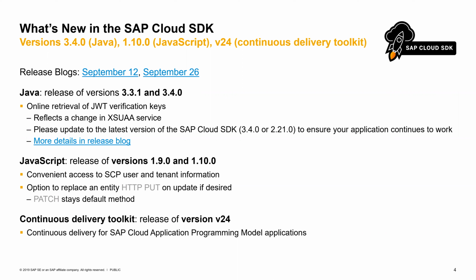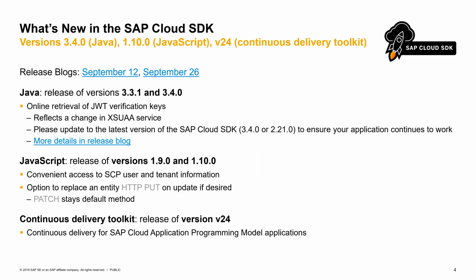For JavaScript, we have more convenient access to user and tenant information on SAP Cloud Platform. It provides objects now, which give you quite convenient access to this information. And we have also added the option to replace an entity.